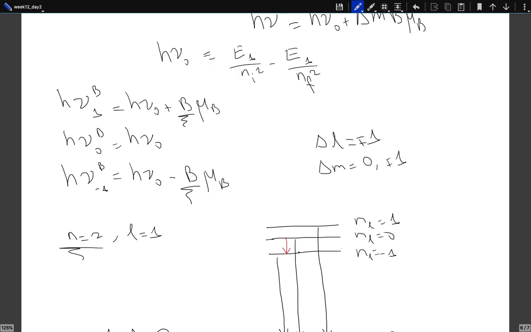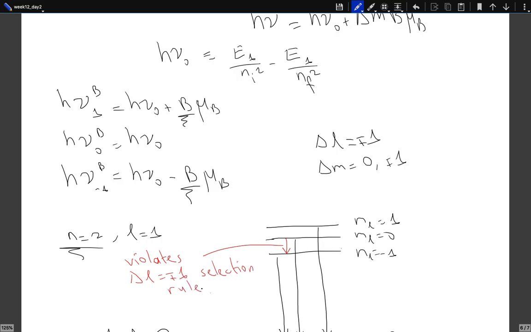What about this one? What is the change in delta L? 0. So this is not possible. So this transition violates the delta L equal to plus or minus 1 selection rule.